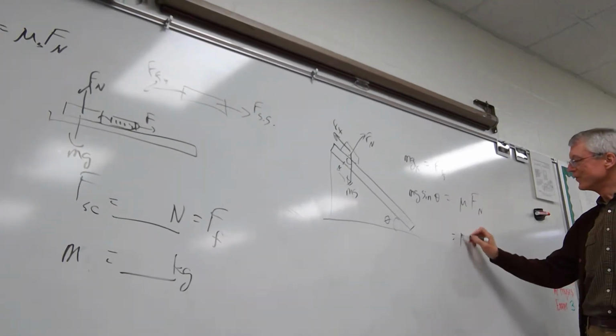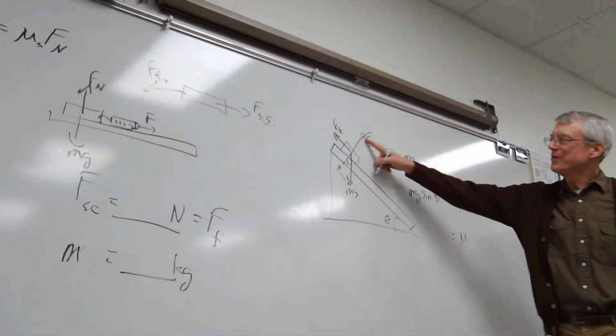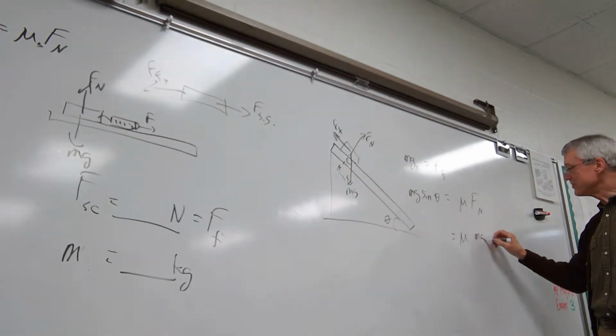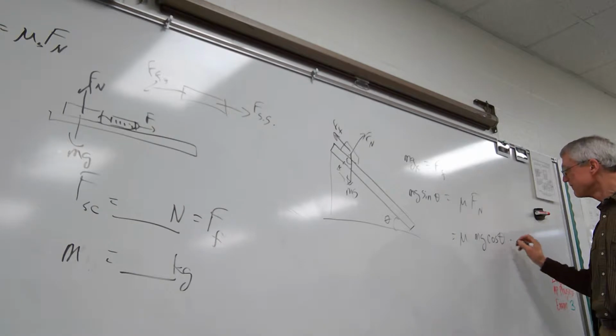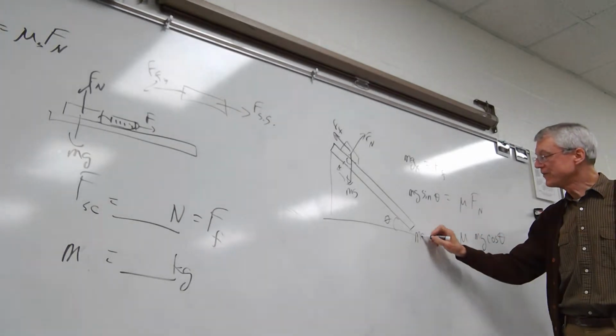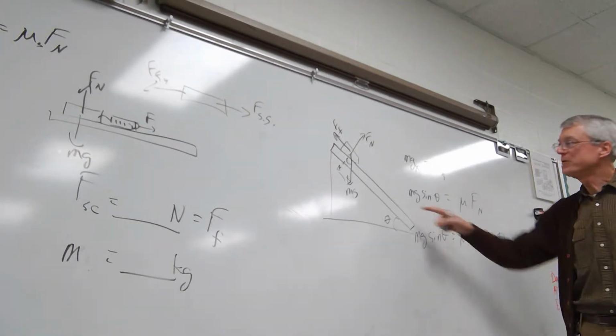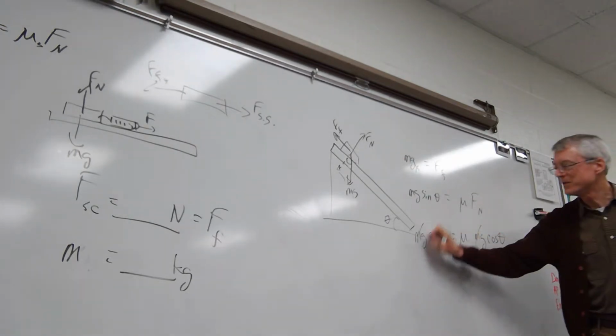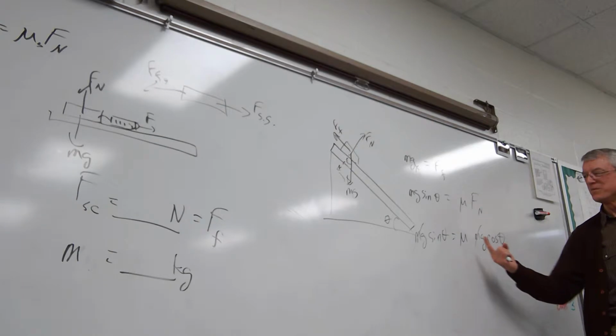And the normal force is equal to mgy. I'm doing all this for a reason, and mgy is mg cosine theta. Okay, so if you're doing the inclined plane method, this is what you're going to do. And look, you don't have to measure the mass because the m's cancel out.